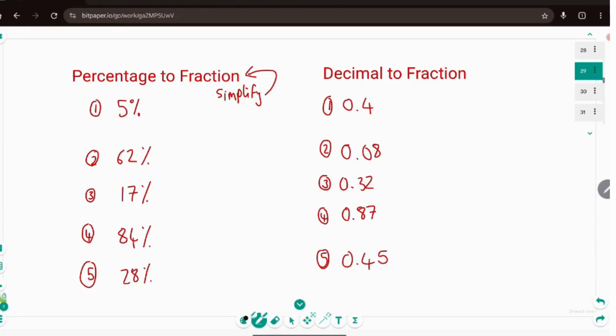Okay, last set of questions for the converting topic. Have a go at these, put me on pause and unpause when you're done.